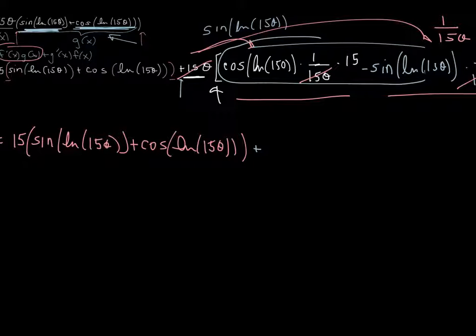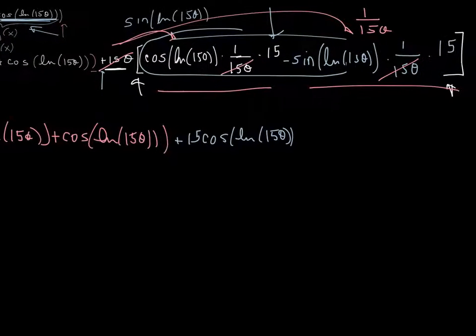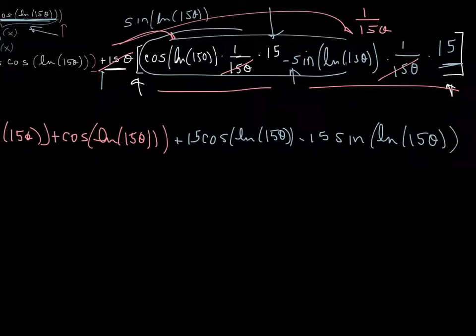So plus cosine, well, in fact, let's throw the 15 out front. See that 15 right there? 15 cosine of ln of 15 theta. And then this piece right here, I still have a 15, so a minus 15 sine ln of 15 theta.